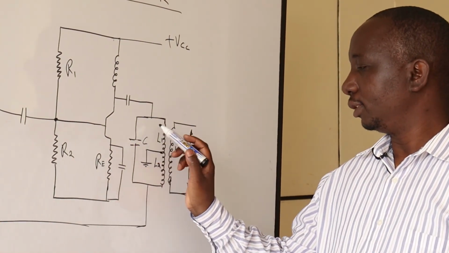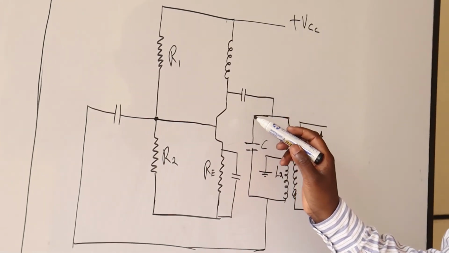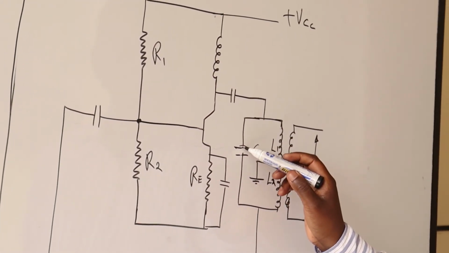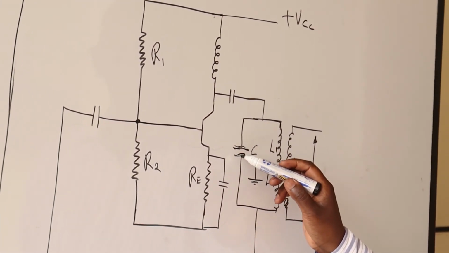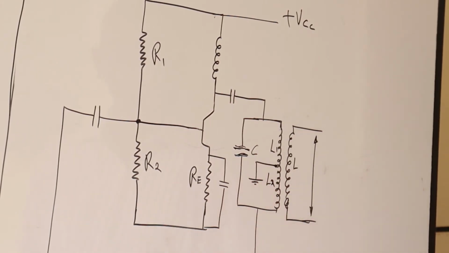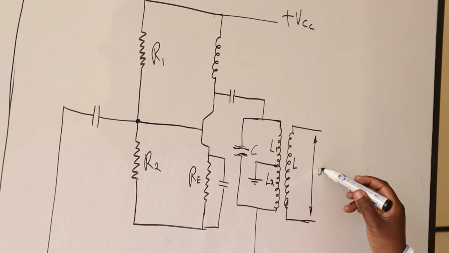This is the tuning circuit around here, composed of this capacitor C and L1 and L2. So it has two inductors in the tuning circuit, with the primary inductor being connected to the output.